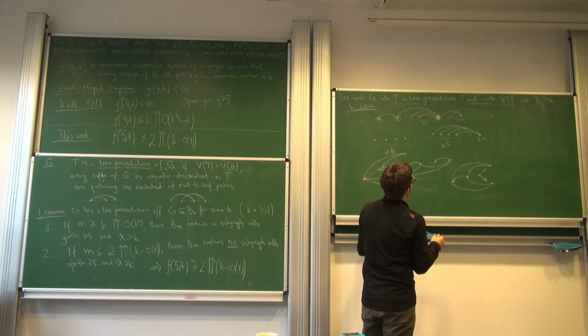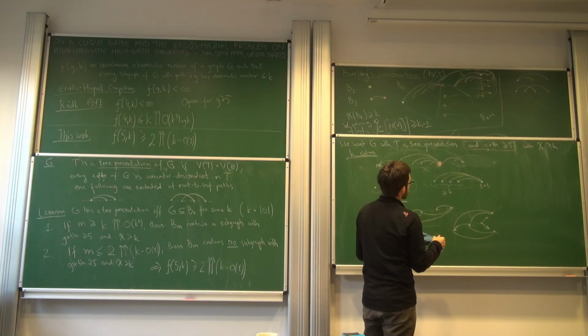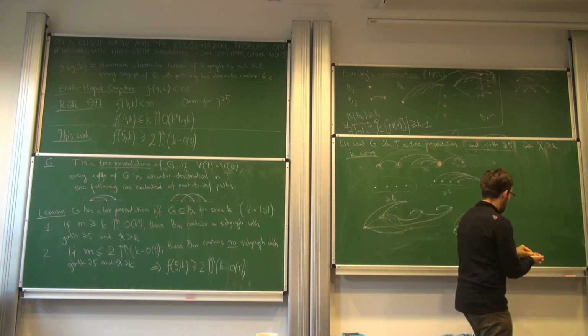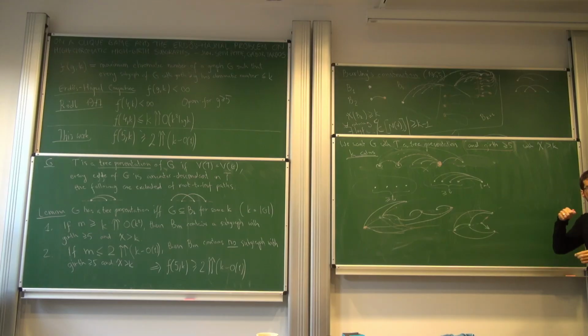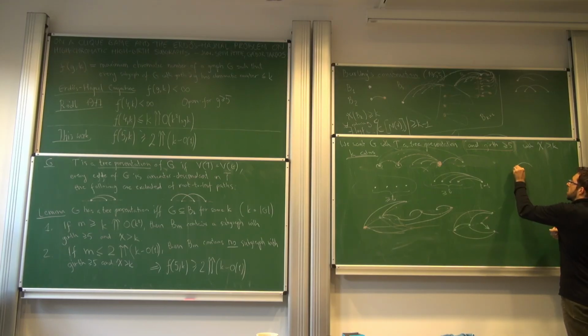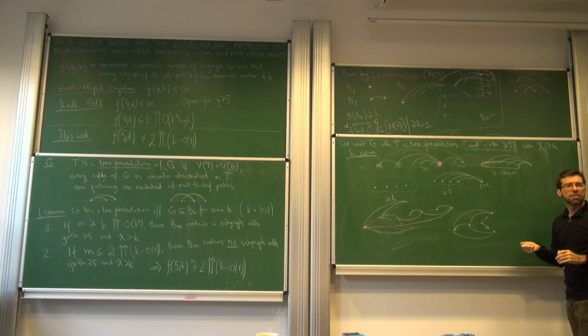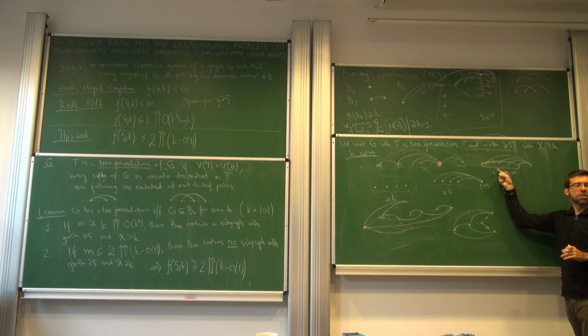But notice that in order to have a strategy for builder, there is a sub-problem which I need to solve, maybe a simpler problem. I need to have a large clique, like a k-clique, in the auxiliary graph. This is a problem by itself.